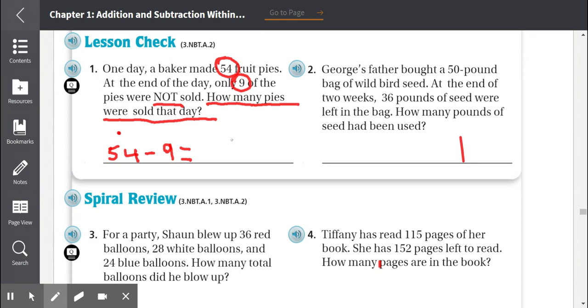So we have 54 minus 9. 4 minus 9, we can't do it. We have to borrow from the tens place. This 5 becomes a 4 because we borrow 1. And this 4 becomes a 14 because we use the 1 and put it in front of the 4. Now 14 minus 9 is 5. Now 4 minus 0 is 4.